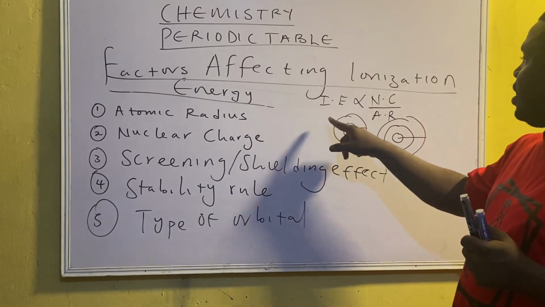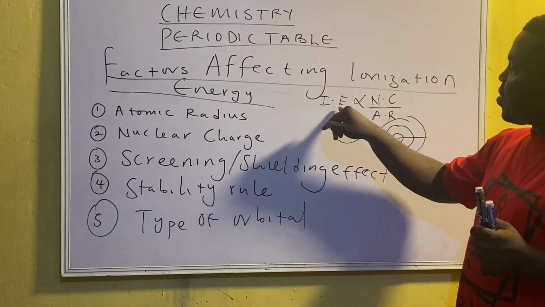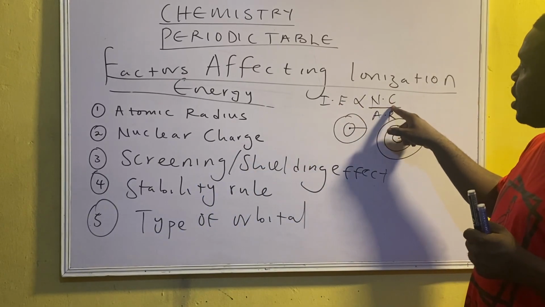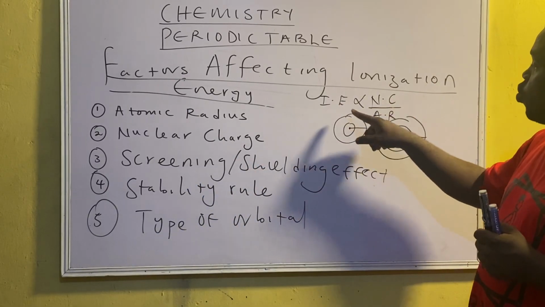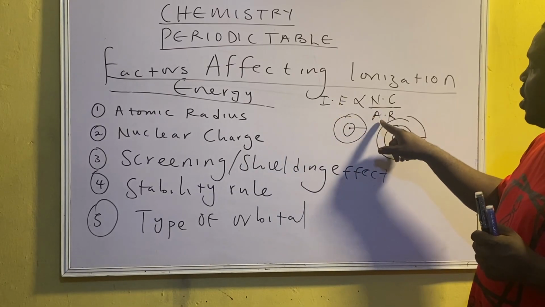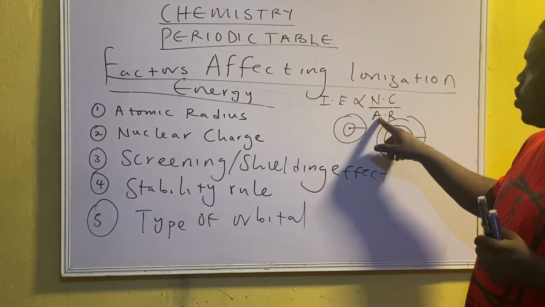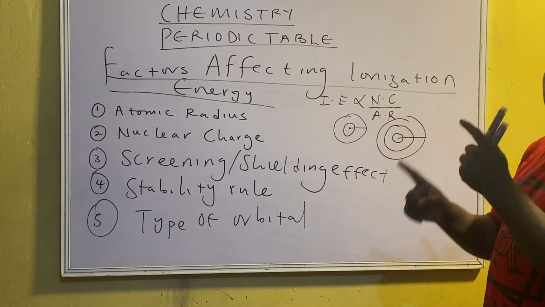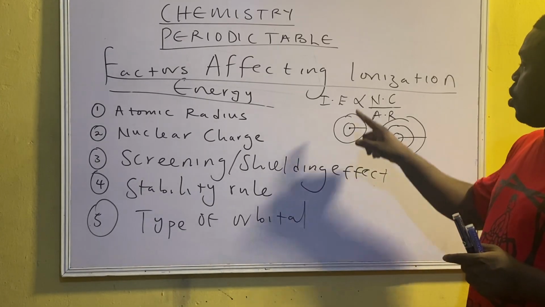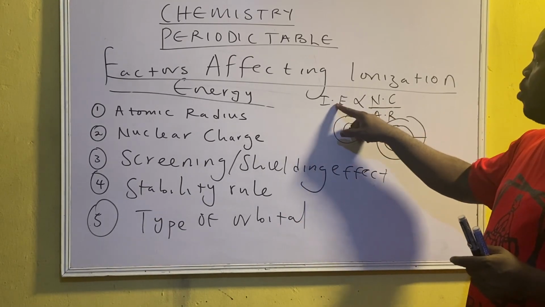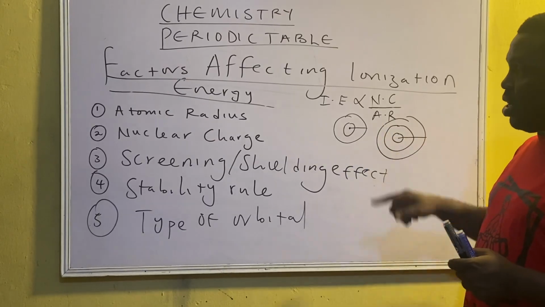This is why we said here that ionization energy will increase when nuclear charge increases, but it will decrease when this increases, or it will increase when this one decreases. Okay, so they are inversely proportional. So this is directly proportional, while this is inversely proportional.